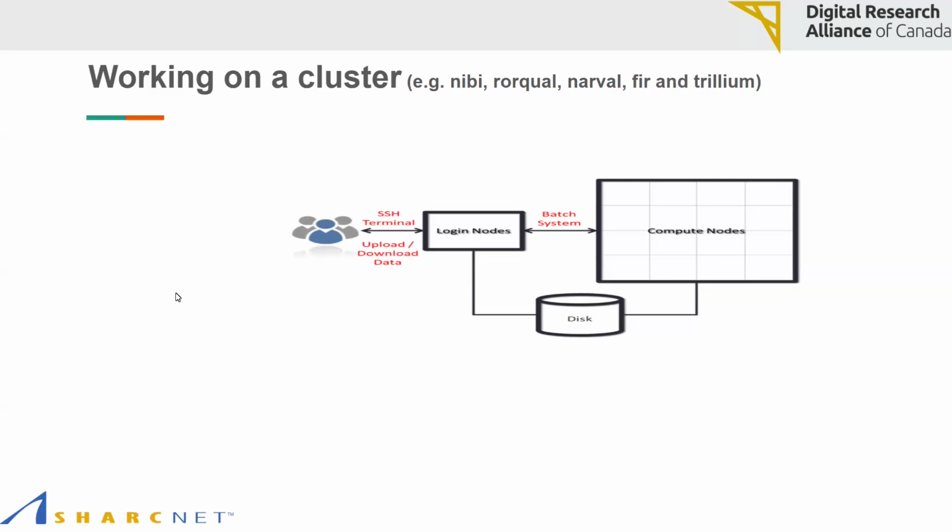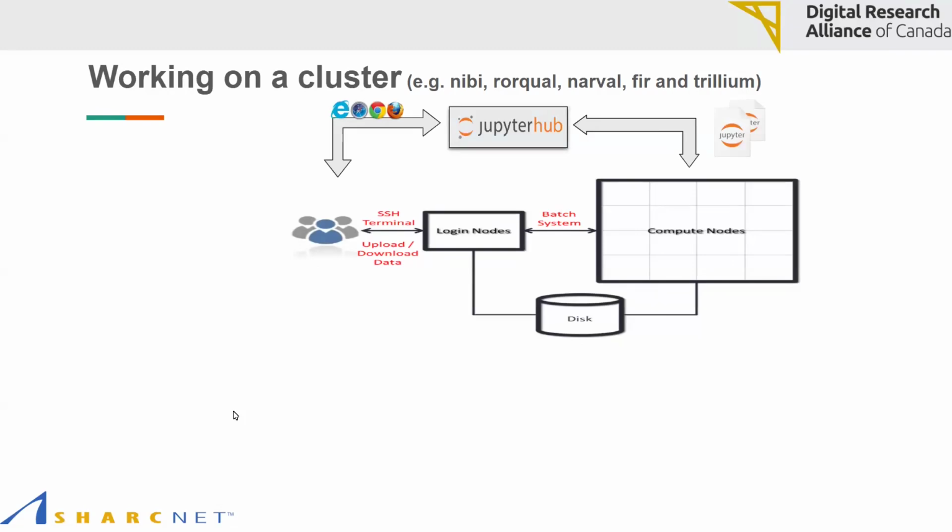But since JupyterHub has been deployed on a cluster, it provides a quick start option of launching and connecting JupyterLab on a cluster. JupyterHub is provided as a web portal that users can access simply using a web browser.